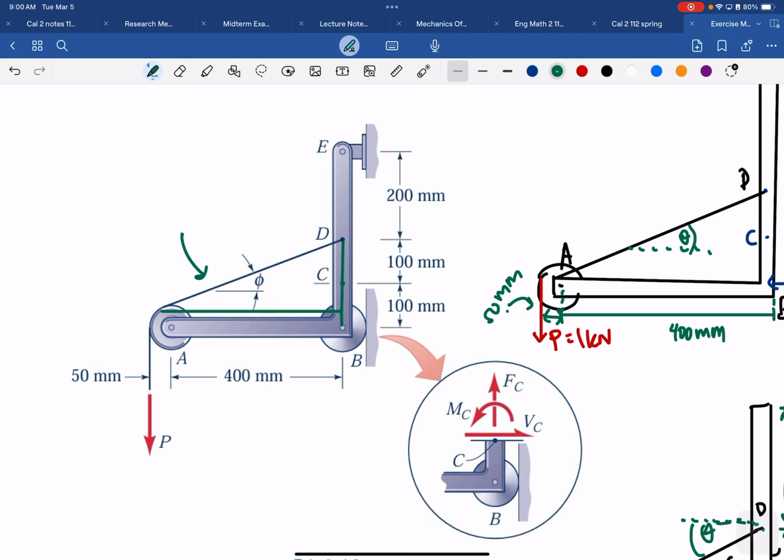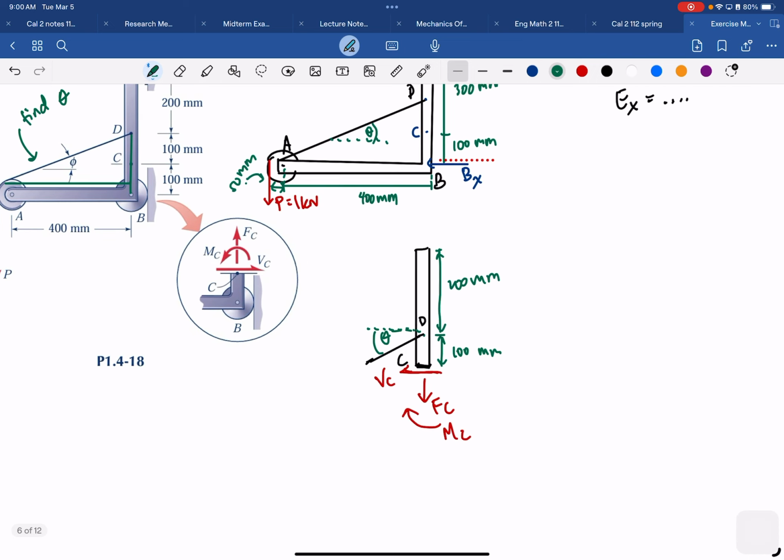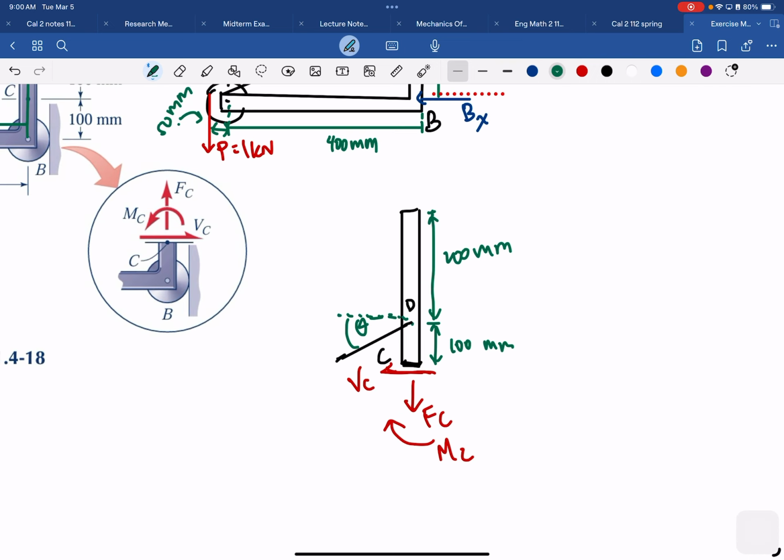So find theta, and then we are going to use theta to find this.